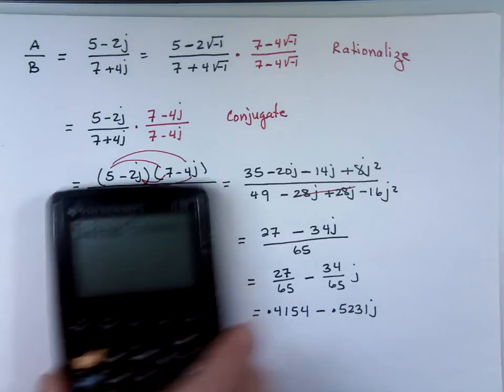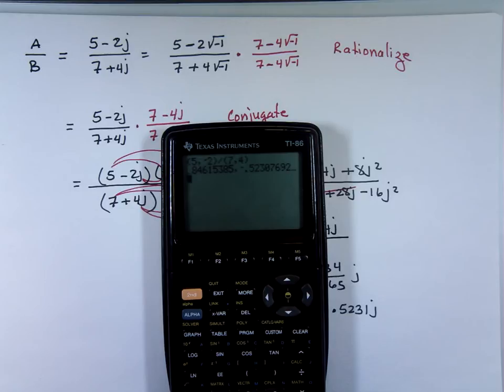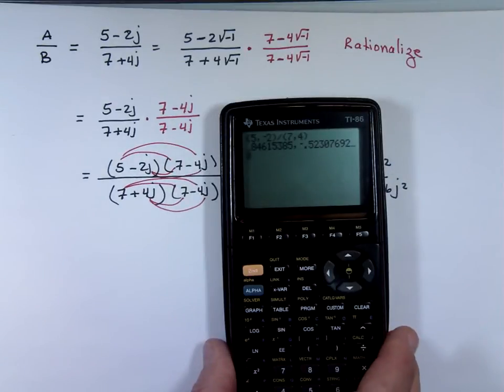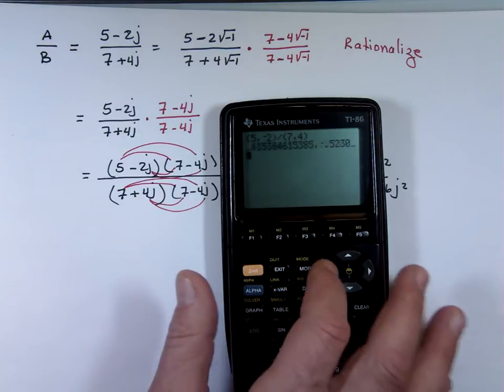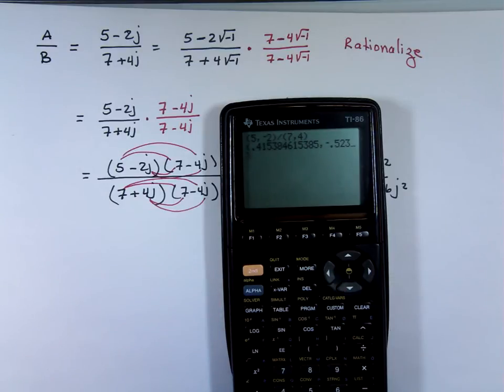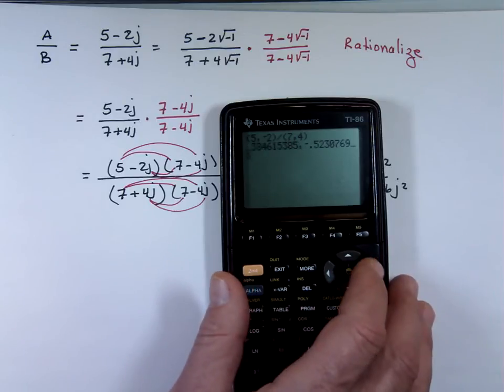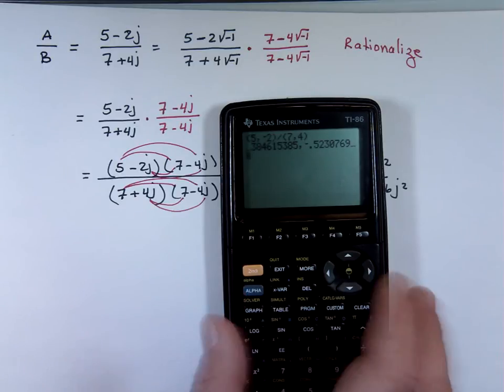I just move this to the right to get the second value. The first value is 0.41538, and the second value is negative 0.5231j. But the calculator does all these steps for me.